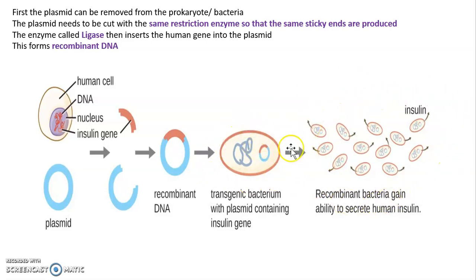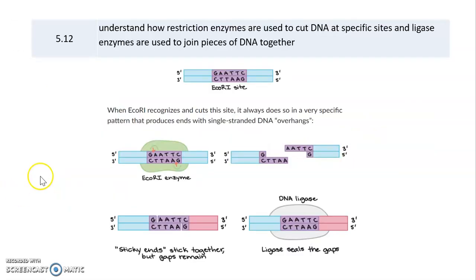So we take this transformed bacteria, asexual reproduction, so we've got loads of them, all of which are expressing the human insulin gene. So we go back to the idea of transcription and translation, the production of the protein, which in this case is insulin, and the insulin will be thrown outside of that particular recombinant bacteria.